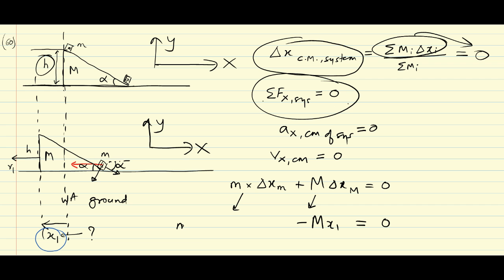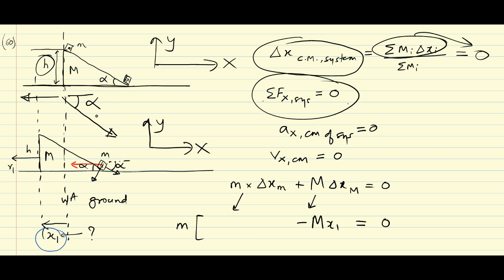Now this is going to be small m multiplied by, let's see what is the horizontal displacement of small m. You can split it into two parts. First of all, small m moves in this direction down the hypotenuse, and of course this angle is alpha, and the other displacement is towards the left because it moves along with capital M. Both these displacements of course take place simultaneously, and we are going to add them as vectors. Now what is the hypotenuse?